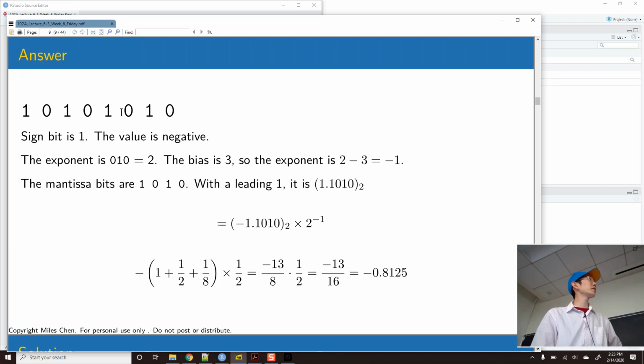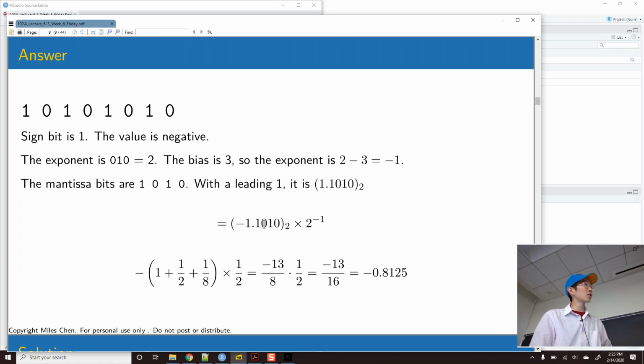The mantissa bits are the last 4: 1, 0, 1, 0. Okay? And with a leading 1, that's going to be 1.1010. And this is negative, and we multiply it by 2 to the -1. So we're going to get 1, the leading 1, and then the first spot after the binary point is 1/2.